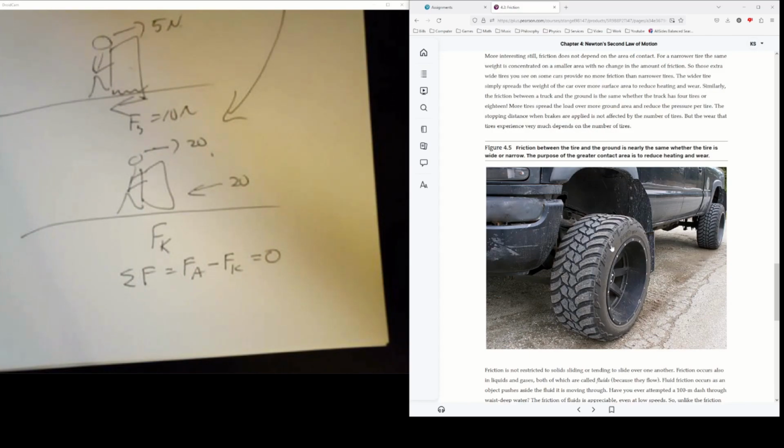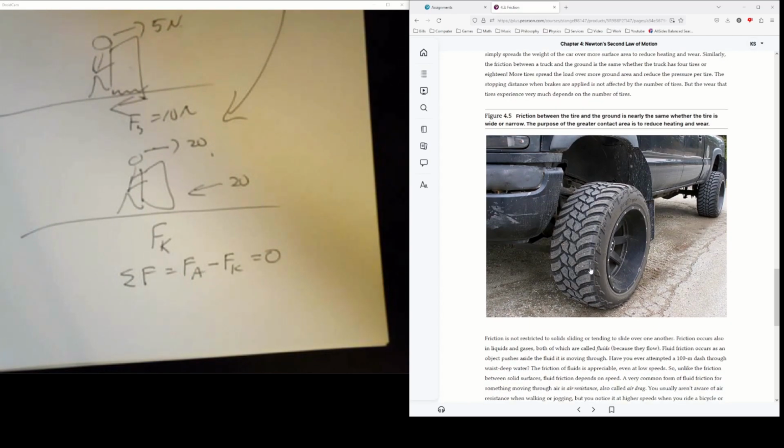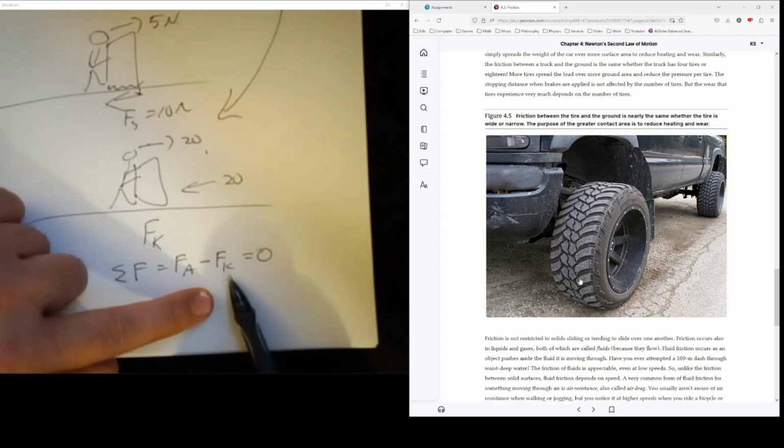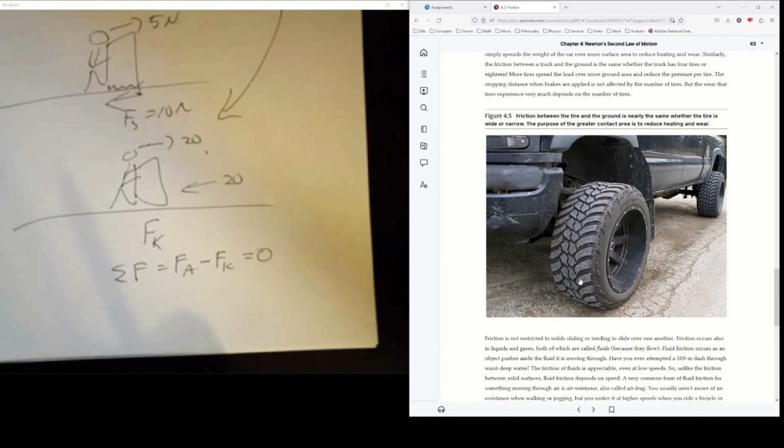And this is always a thing with a tire, that getting a fatter tire doesn't increase the friction. Friction is actually dependent upon the normal force of the car, the weight of the car if it's on a flat surface.